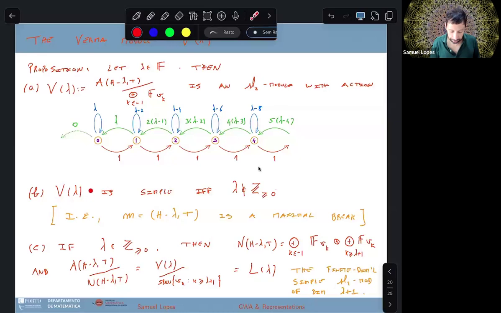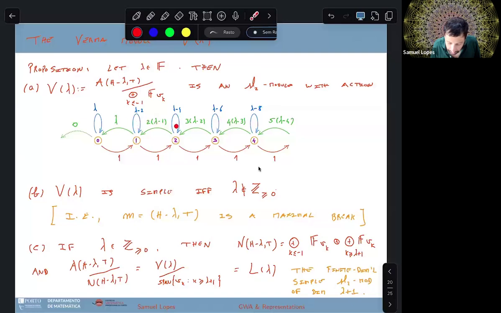So this module is simple if and only if lambda is not a non-negative integer, and this is the result that's known for Verma modules for SL2. So when lambda is not a non-negative integer, I will always have a simple module, and this means that the ideal I started with is the unique break. There's only one break.